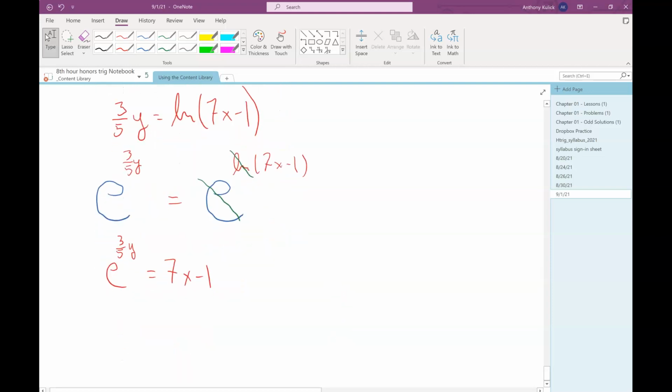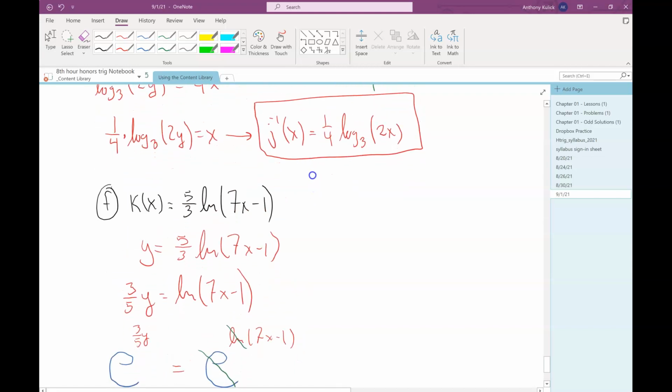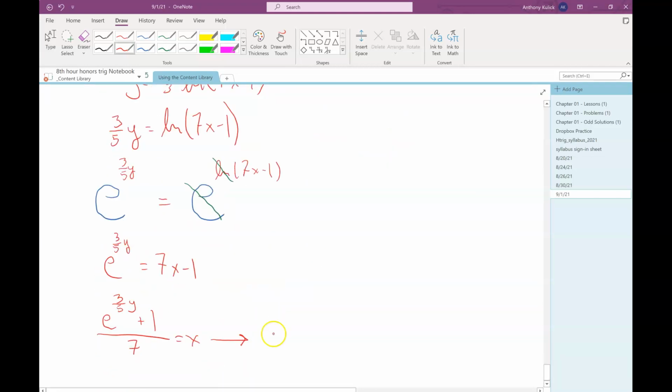Everybody's good with that? And my last thing here to do would be to put it back into function notation and then switch the x's and y's.